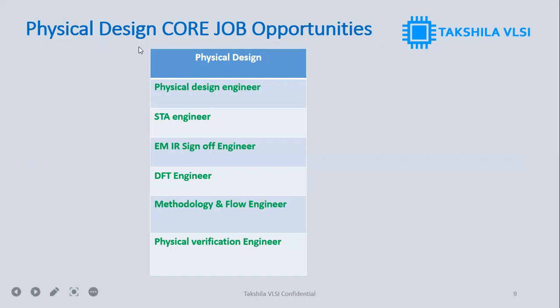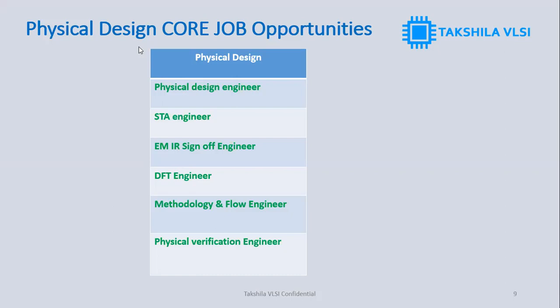So what are the job opportunities? Once you're done with the course, these are the job opportunities. Physical design engineer, these are the job roles. STA engineer, so STA stands for static timing analysis, timing analysis engineer. EMIR sign off engineer, electromigration and voltage drop, as we know V equals IR, so voltage drop.